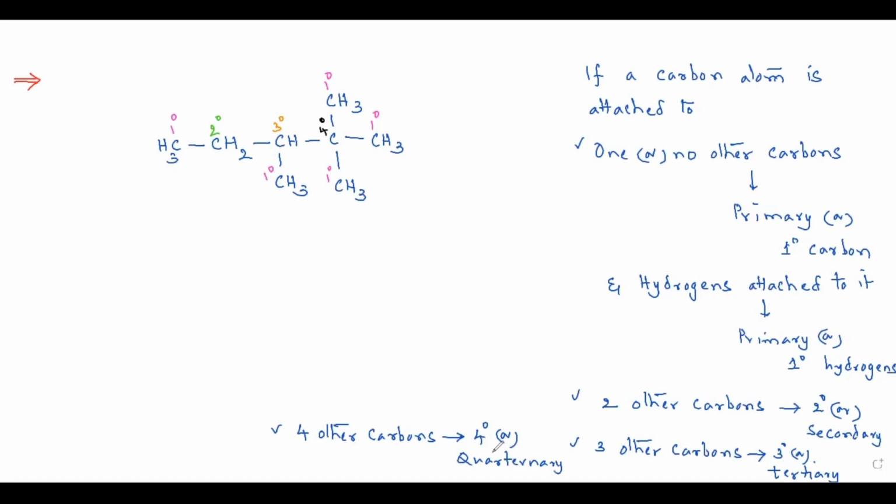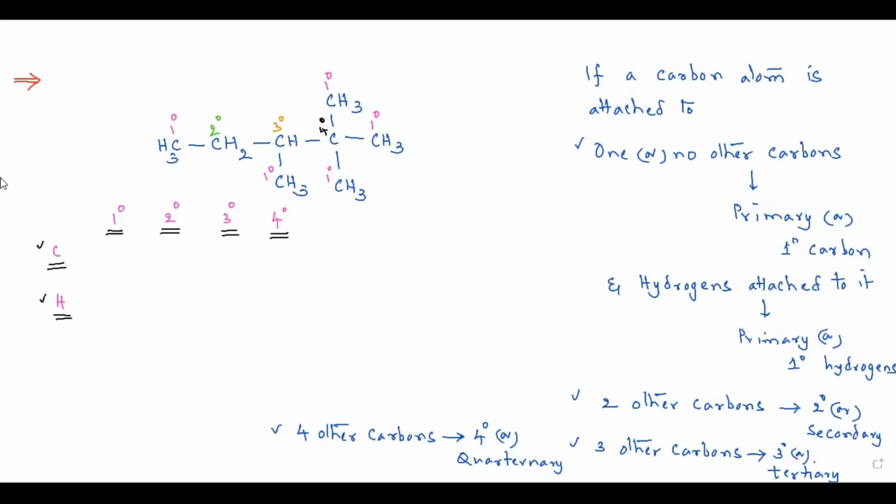There won't be any hydrogen attached to it because it is already connected to 4 other carbons and all the 4 valencies of carbon are satisfied. So it will have no hydrogens attached. So overall, let us write primary, secondary, tertiary, and quaternary carbons as well as hydrogens.